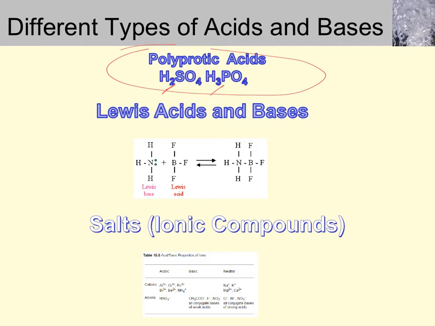And then Lewis acids and bases, that is a different, even more broad definition of acids and bases than the Bronsted-Lowry one. And finally, the fact that salts, which is kind of the nickname for ionic compounds, can actually make an aqueous solution acidic or basic, some of them.